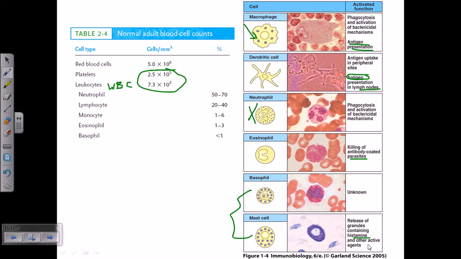This histamine and other active agents can cause different physiological symptoms like vasodilatation and nasal constriction. They can sometimes even lead to the death of the organism. So we need to be very careful about the degranulation of mast cells because they have a lot of granules inside them which contain enzymes and chemicals like histamine.